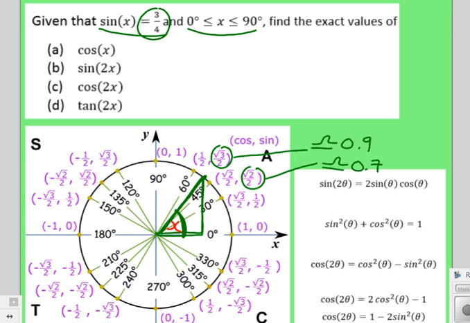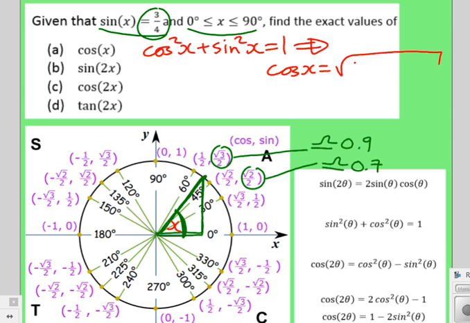And that's easier than it sounds, because from the first identity we know that cosine squared x plus sine squared x is 1. Another way to write that is that cosine x is the square root of 1 minus sine squared x.